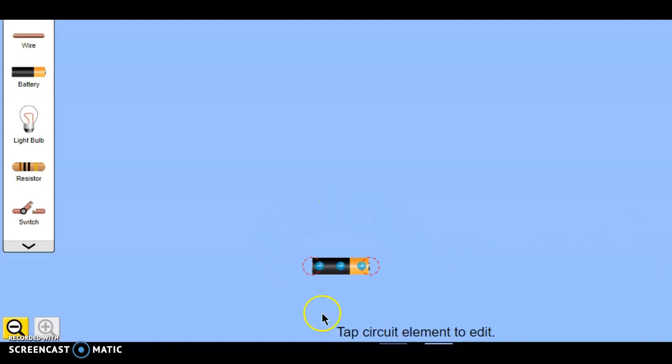So this is the diagram for a battery. This is how we draw it, or this is conventional. We know this is the positive terminal, and this small one we call the negative terminal.